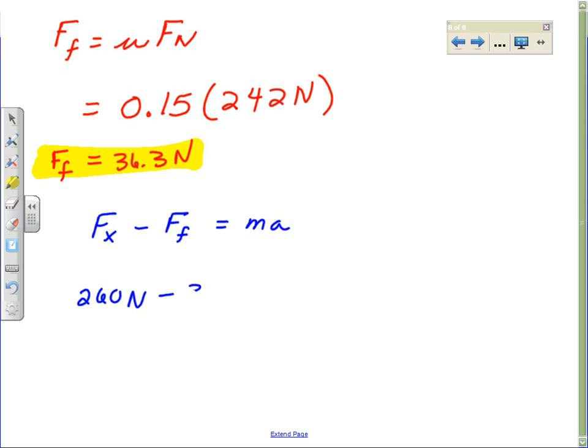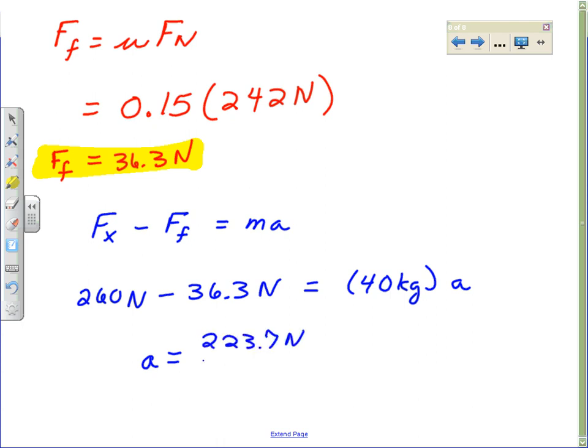Our frictional force is 36.3 newtons, and that equals 40 kilograms times a. a is equal to, if you subtract your forces, you have 223.7 newtons. I'm going to divide it by our 40 kilogram mass, and our acceleration is 5.59 meters per second squared.